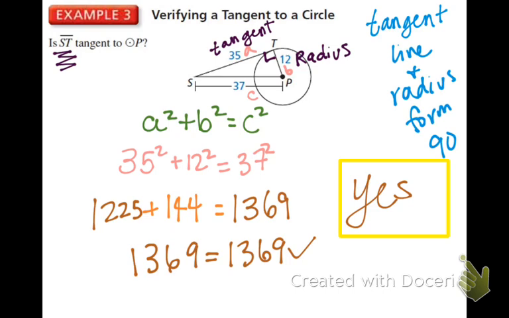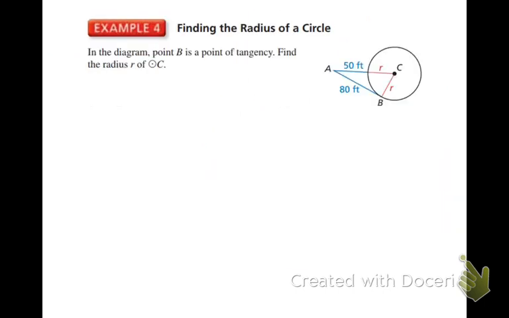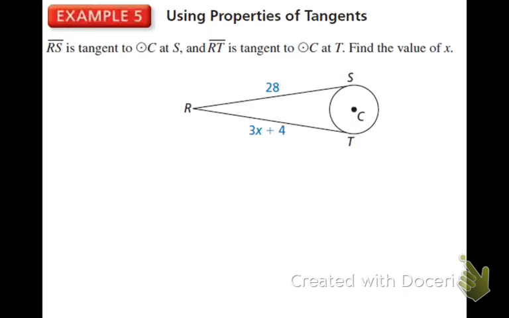Okay, the last one Peyton will like. Go ahead and flip to number 5. Yep, because example 4 I'm doing with my honors. What is my external point here? R. So remember what we learned about tangents that have the same external point. What do we know about them? They're congruent.